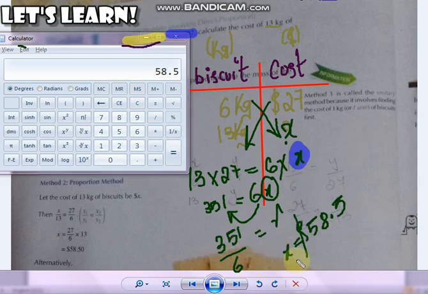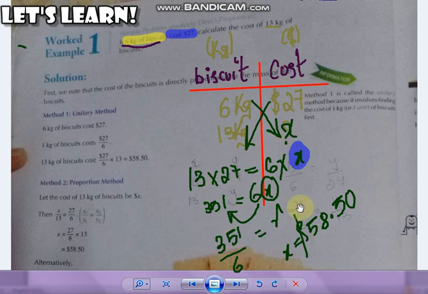So I will have to pay $58.5 or 58.50 for 13 kg of biscuits. I hope it's clear. You can do this method also, but I would prefer you doing this. This is quite easy. Remember, whenever we are doing questions relating to direct proportion, we will write the same values under each other in the column, and then we'll cross multiply.